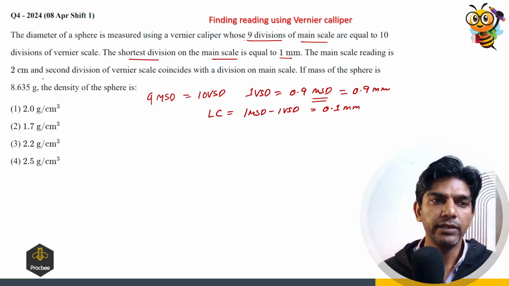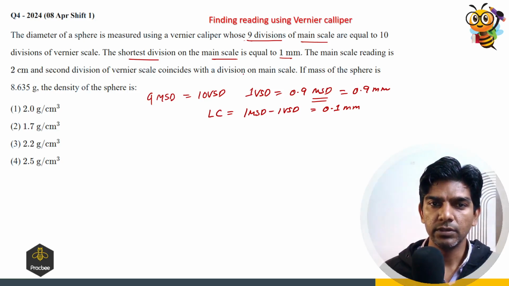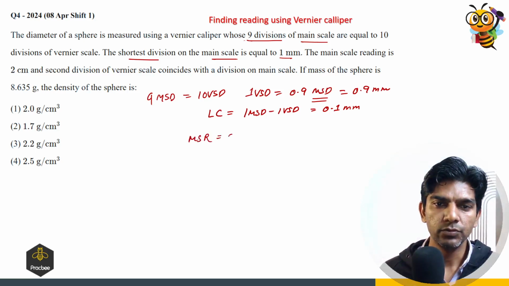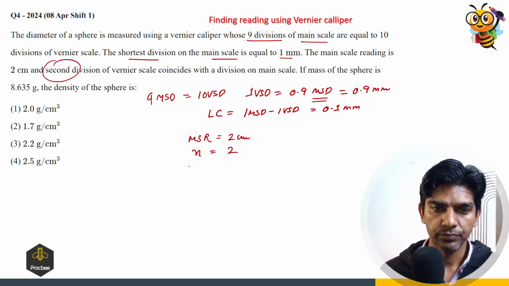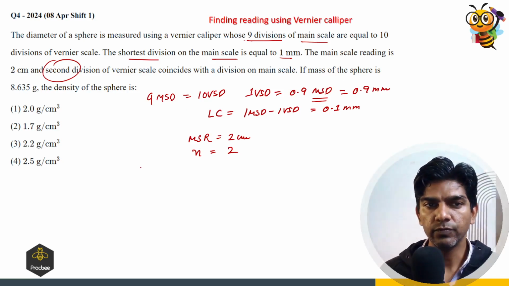The main scale reading is 2 centimeter. The second division of the Vernier scale coincides with a division of the main scale. So main scale reading is 2 centimeter. N is given as the second division, so 2. The mass of the sphere is 8.635 grams, and we need the density of the sphere. So we can find the diameter.